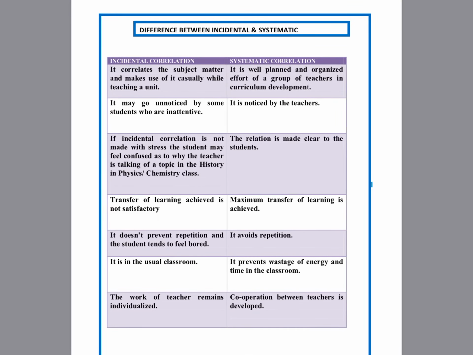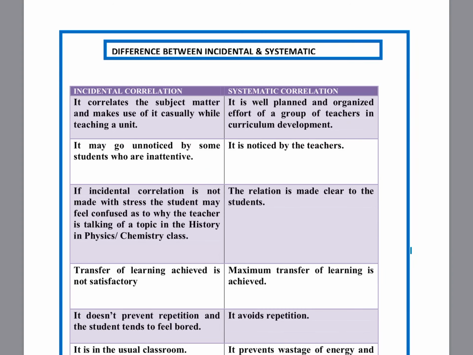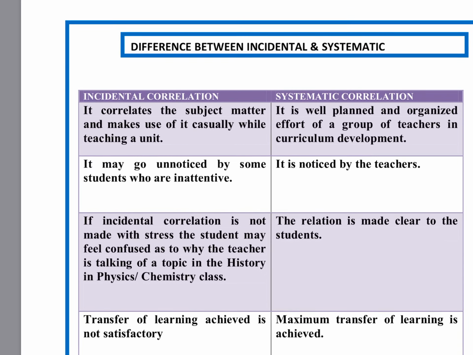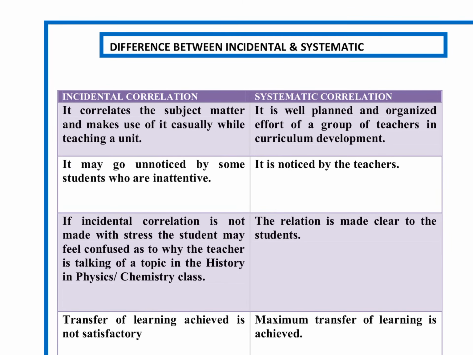This is the difference between incidental and systematic correlation. We have already understood what incidental correlation and systematic correlation are. Anyway, here the difference has been shown point-wise. Incidental correlation correlates the subject matter and makes use of it casually while teaching a unit.